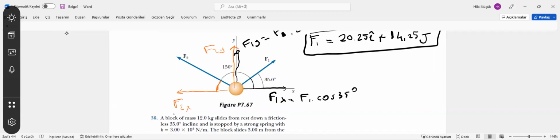If this angle is 150, this part must be 30. Even if I don't give cos 30 or sin 30, just use your calculation. And F2 will be, of course, F2x i plus F2y j.